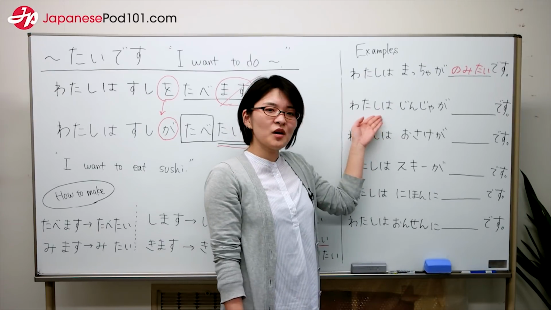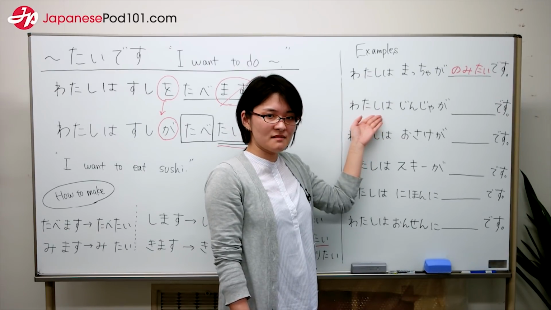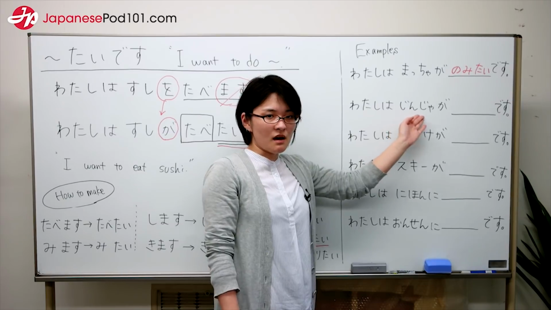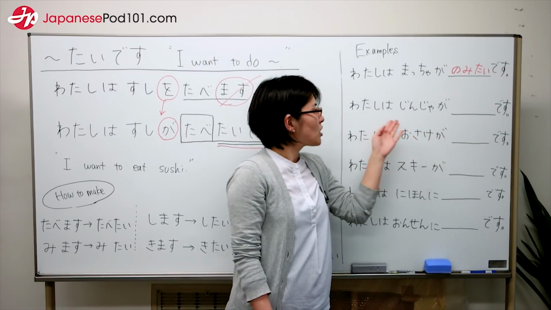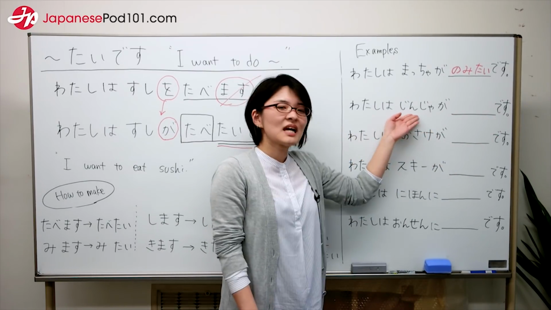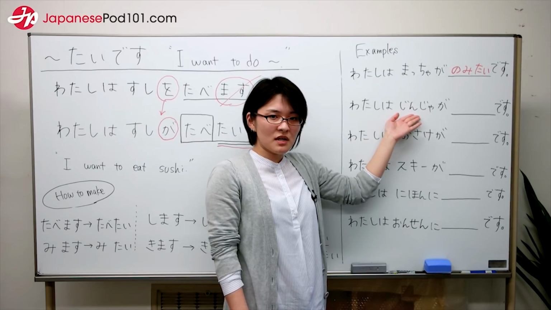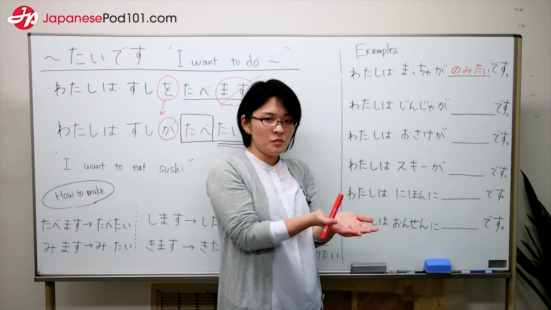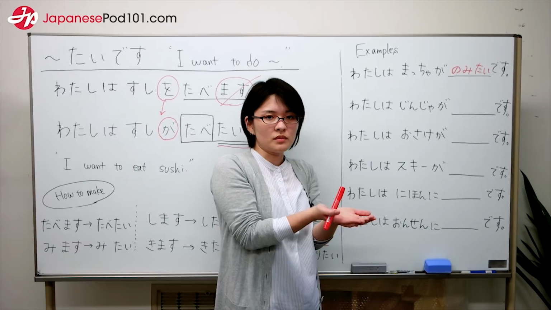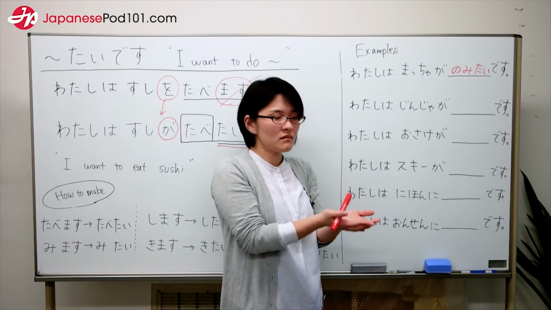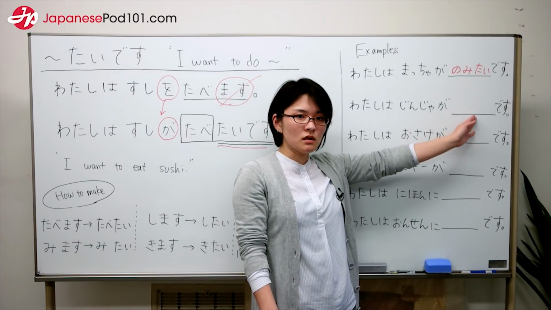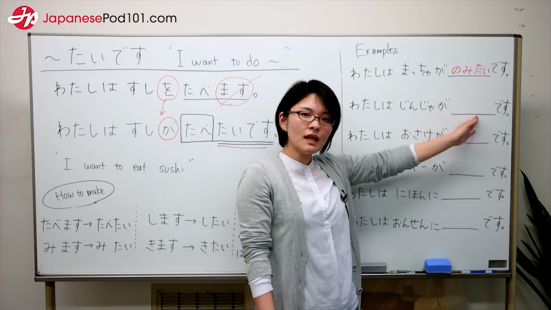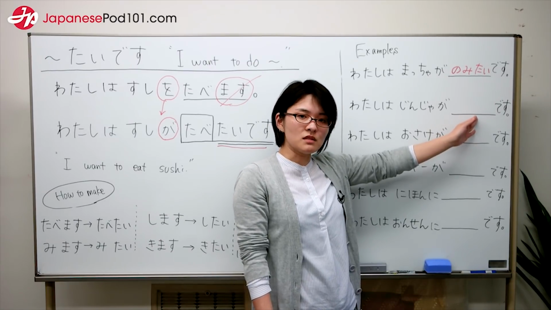Second, I want to look at shrines. 私は神社が something です. So 私は is the same part. 神社 means shrine. A shrine is a building for Shintoism, and Shintoism is one of the common religions in Japan. So the missing part is looking at. Looking at is 見ます in Japanese.